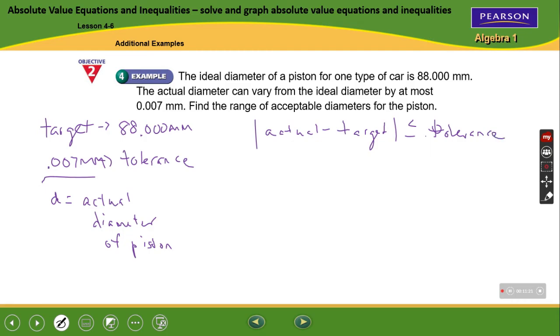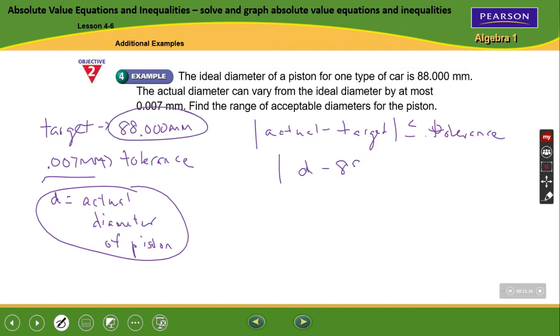I apologize again for the writing. So what's our actual? Well, we called that D. So it's the absolute value of D minus our target, which is 88.000 millimeters. You might hear that blue jay in my backyard is going buck wild. And this has to be less than or equal to our tolerance, which in this case is 0.007.